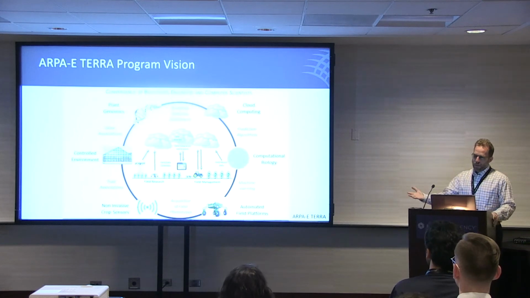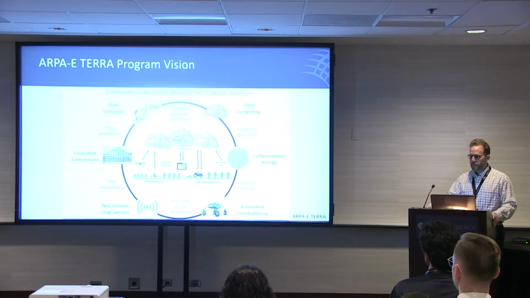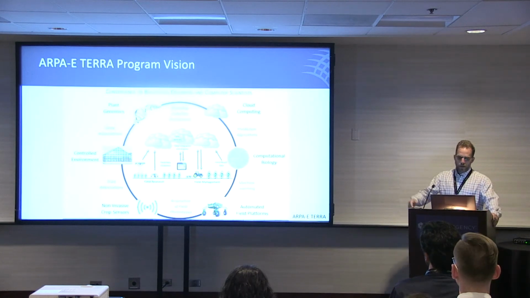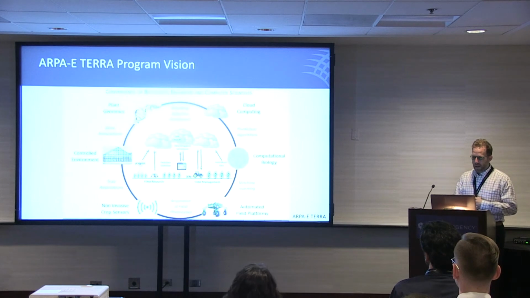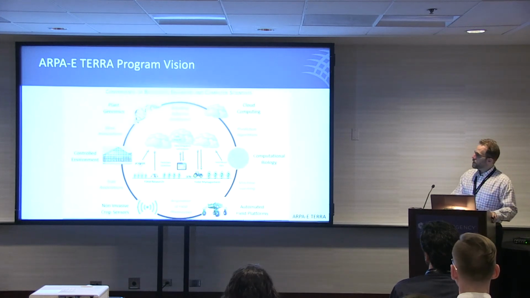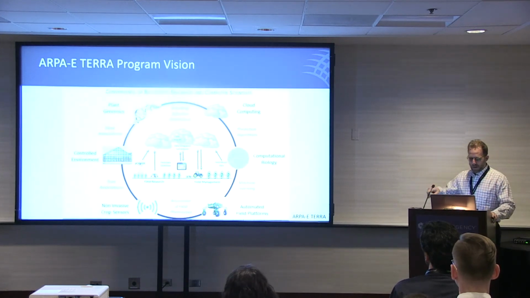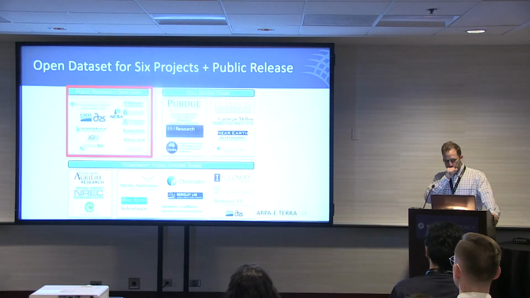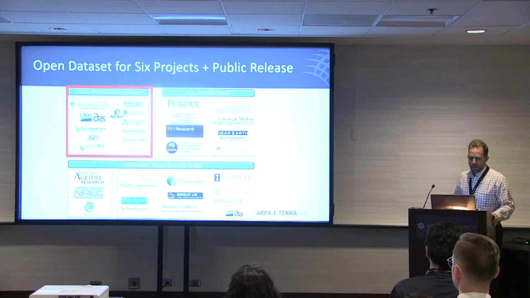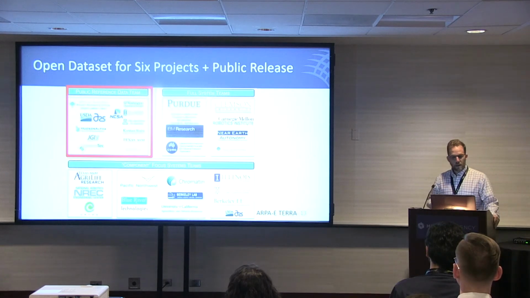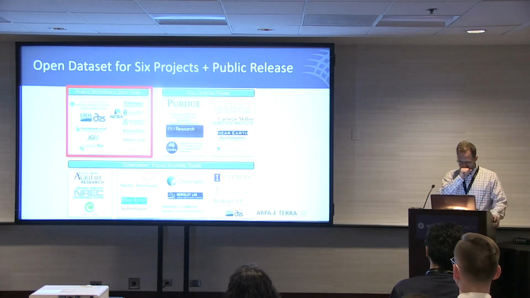So in order to make breeding faster or agronomic management more efficient, we needed to get all of these groups together, and so ARPA-E put a lot of funding into bringing groups together from all these different domains to solve that problem. And our team was the public reference data team, and as you can see, it includes people from many different universities.